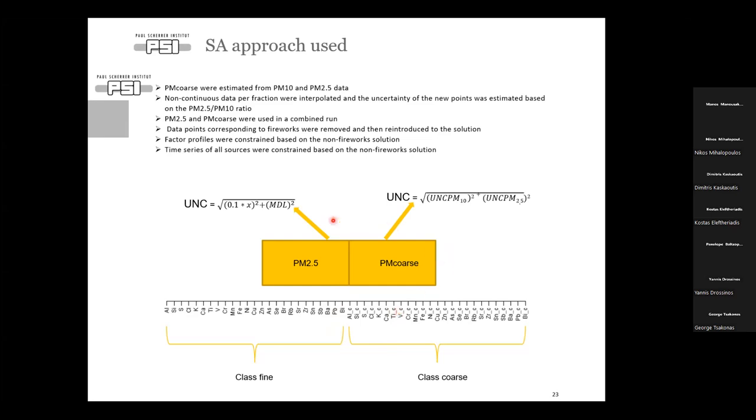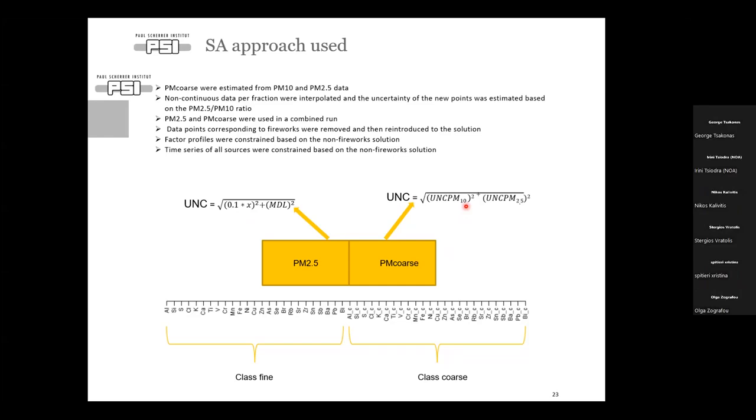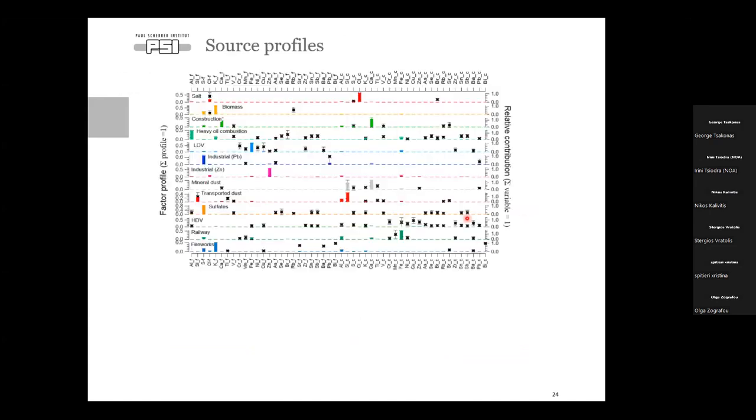And the uncertainty of PM2.5 was estimated like that, and the uncertainty of PM coarse was the combined uncertainty of PM10 and PM2.5. And what was the benefit of using a dataset that has PM2.5 and PM coarse instead of using one size fraction or the other?